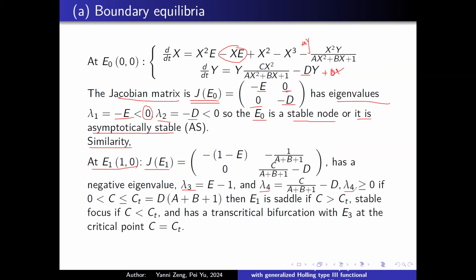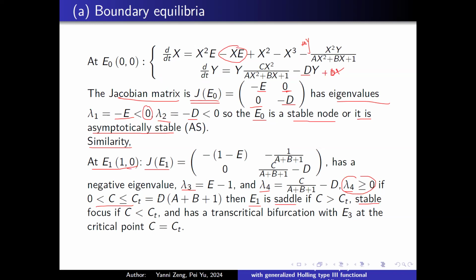And we need to follow the condition set at the beginning, and we can find that lambda 4 is greater than 0 with the condition we established at the beginning. Then E1 is a saddle. Yeah, this point is called a saddle.